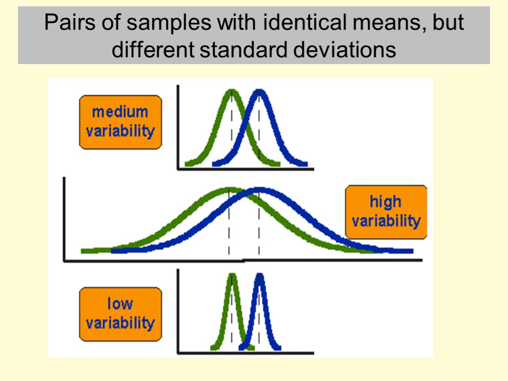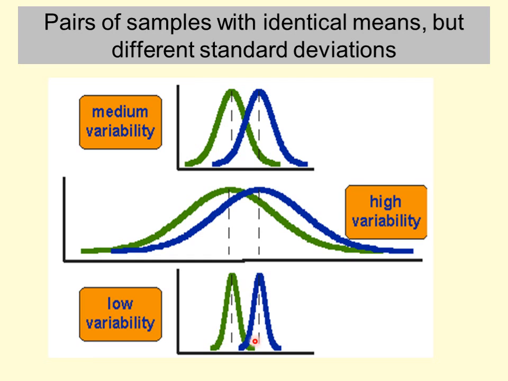In our original example we have medium variability, medium size standard deviation. If we make the samples more variable, we can intuitively see that that difference between the two means looks smaller now. We wouldn't trust it as much, would we, when there's more variability in the data, because it's small in relation to that variability.